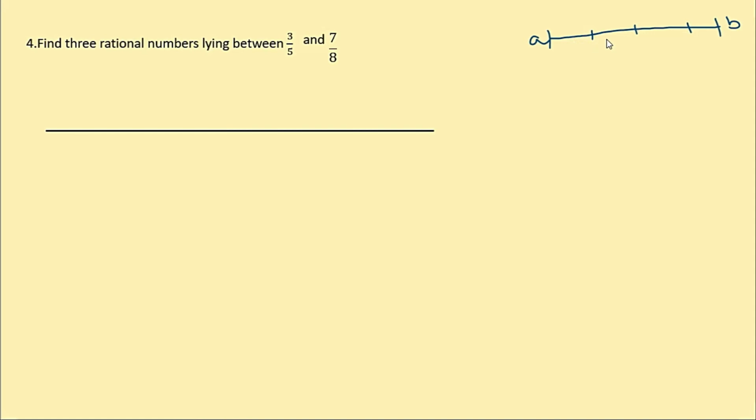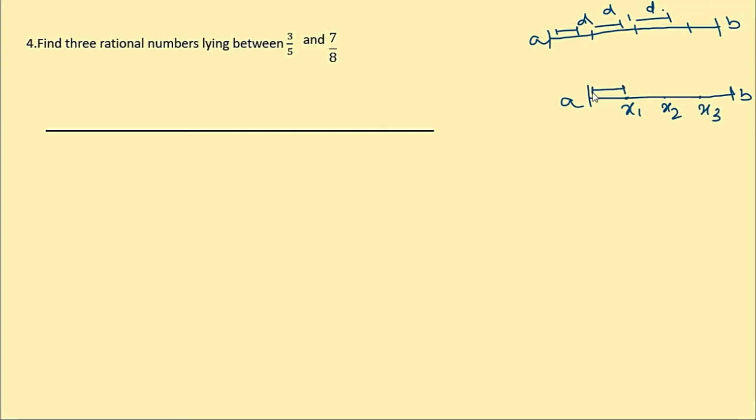it has a different attempt of solving. If you know this common difference d, you can easily find out the numbers. Suppose between A and B three numbers, x1, x2, x3, are there.